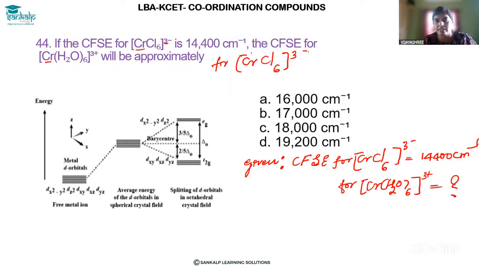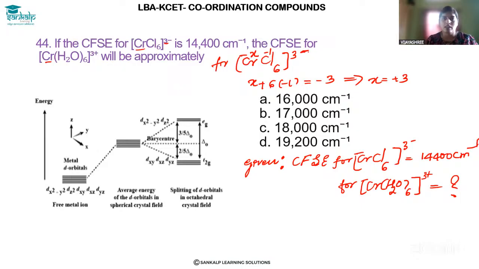The net charge is -3. Oxidation state of chromium will be X. The chloride ligand charge is -1, and the net charge over the complex is -3. So X plus 6 into -1 equals -3. Why is it -1? Because the charge of chloride ligand is -1, and there are 6 chloride ligands. So 6 multiplied by -1 is -6, which implies X equals +3.